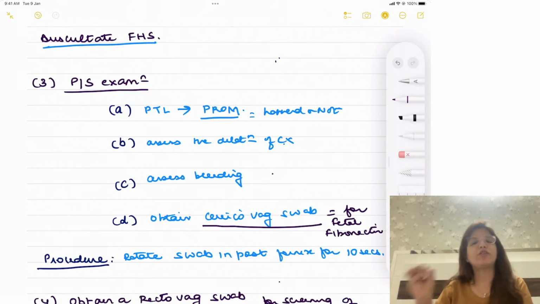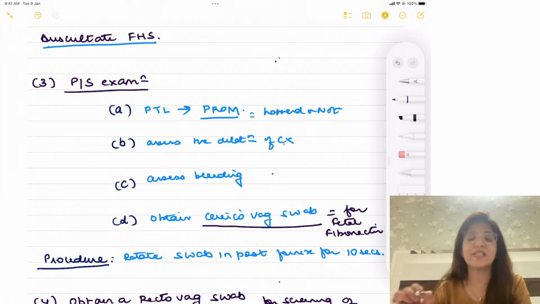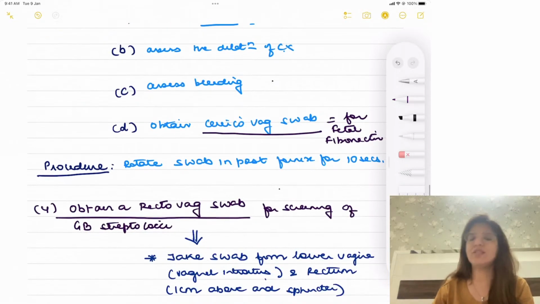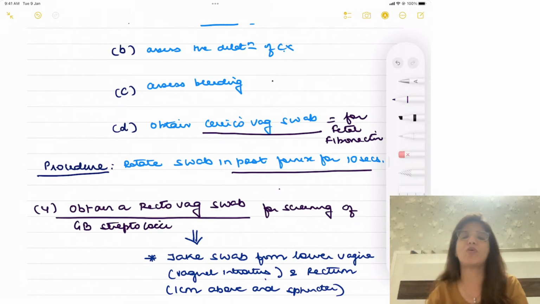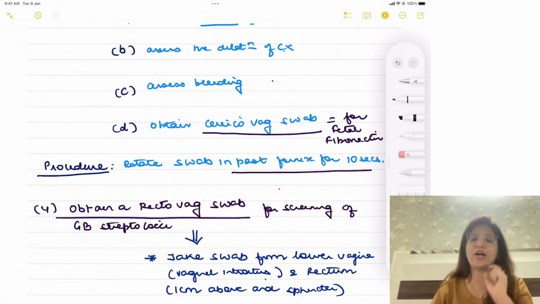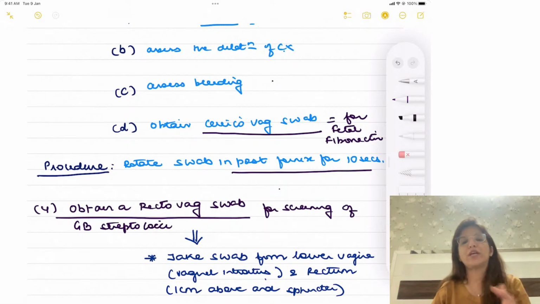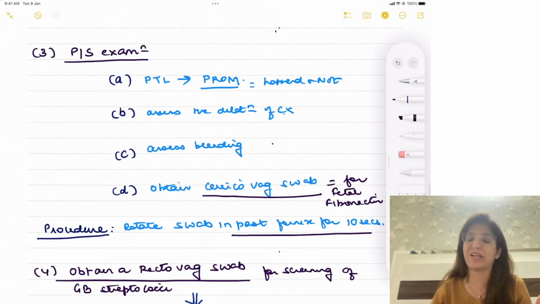I want to see whether fetal fibronectin is present in vaginal fluid or not, right? And in order to obtain this swab, you are going to take the swab from the posterior fornix and you're going to rotate it in the posterior fornix for 10 seconds, and then you are going to take a cervico-vaginal swab. So these are the 4 things which you're going to do when you're doing a per speculum examination.